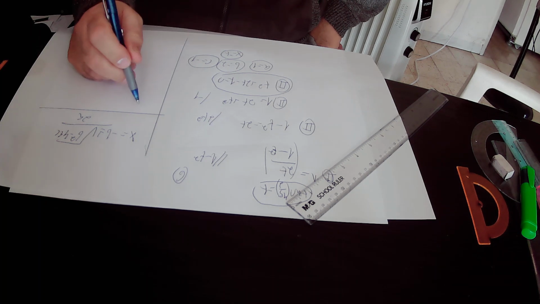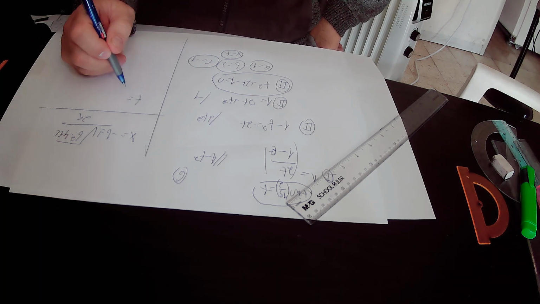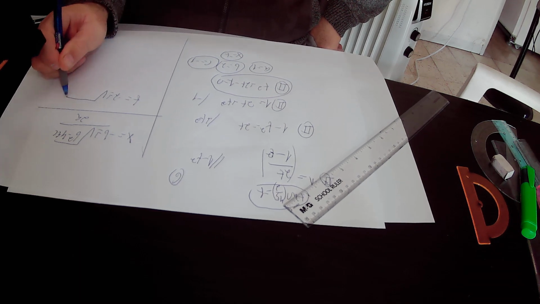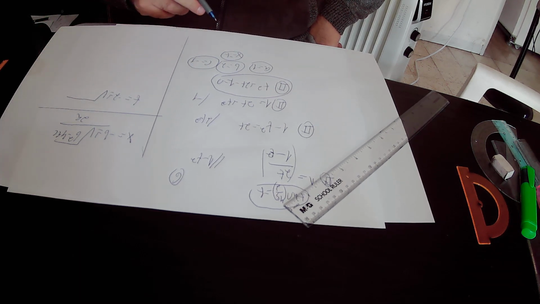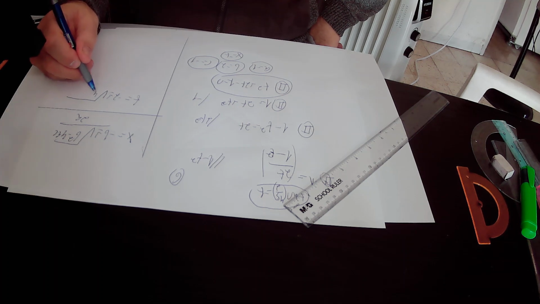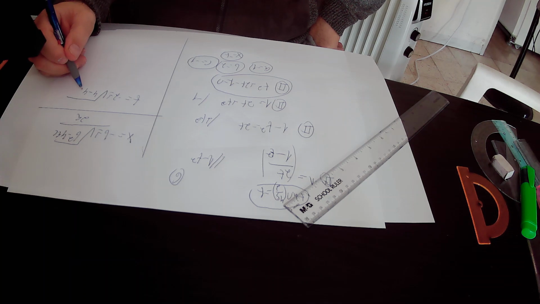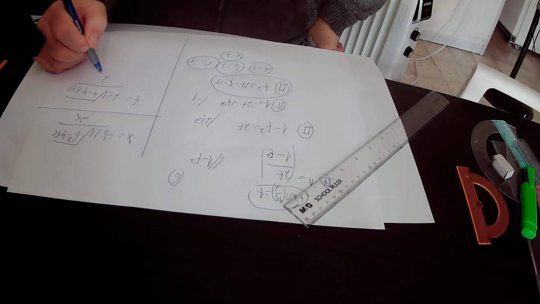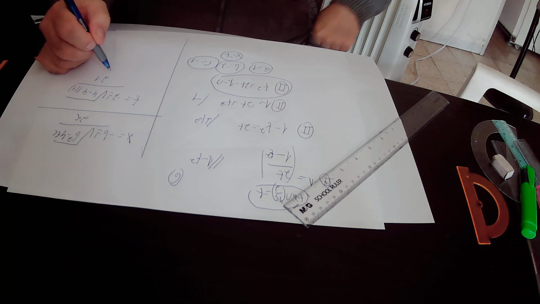So t equals minus b. b is 2, so minus b is minus 2, plus minus square root of b square. b is 2, therefore b square is 2 squared, that is 4, minus 4 times a, which is 1, times c, that is minus 1, over 2 times a, that is 1.